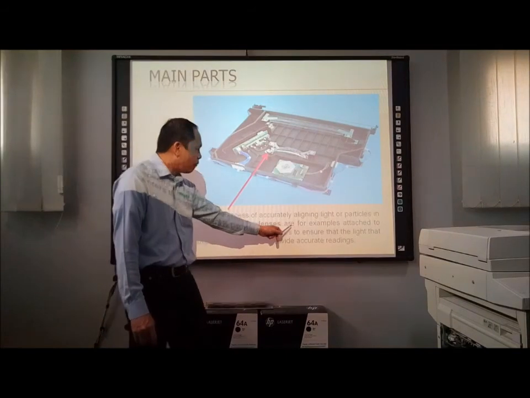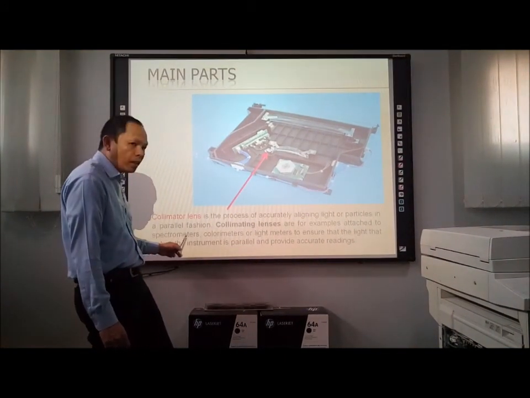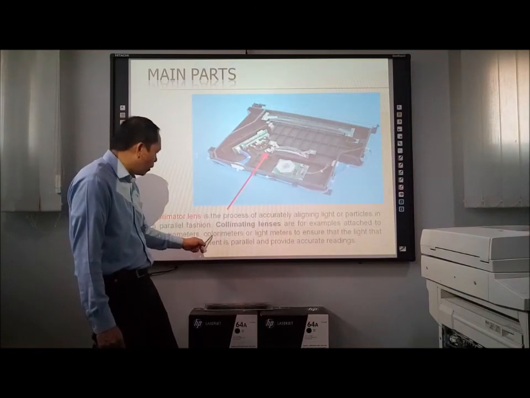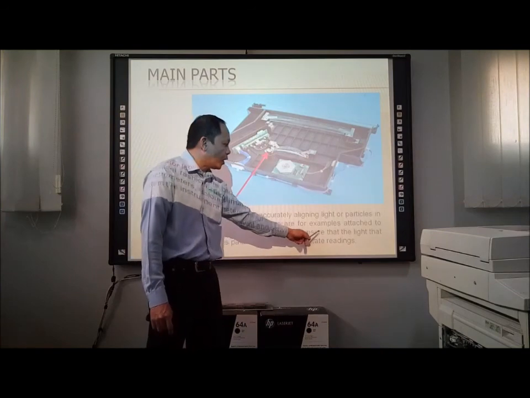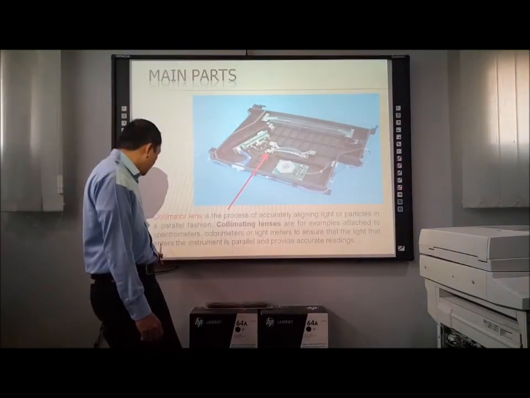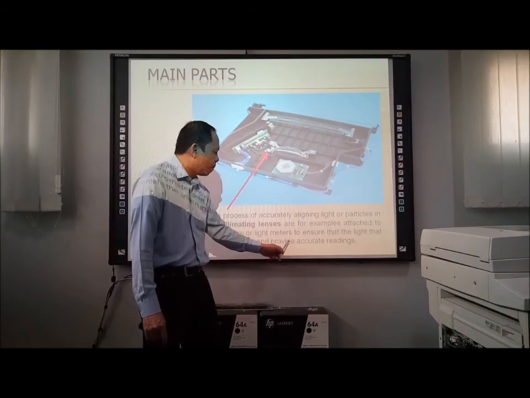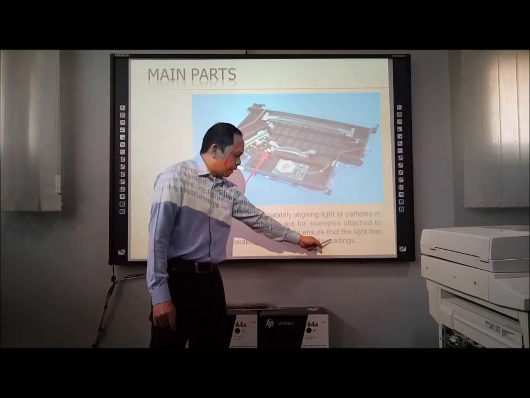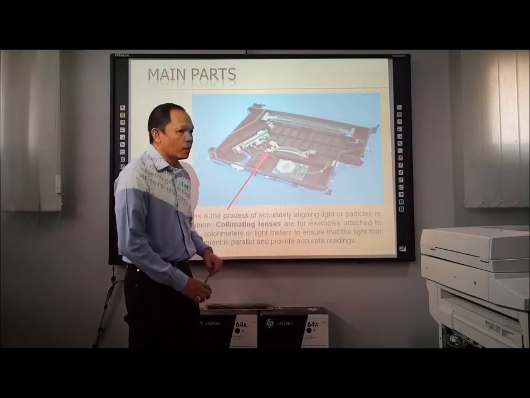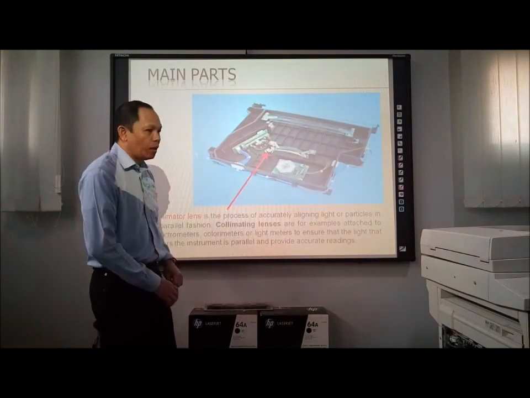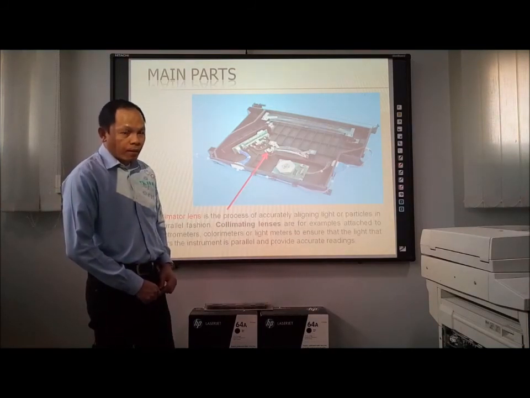Collimating lenses are, for example, attached to spectrometers, colorimeters, or light meters to ensure that the light that enters the instrument is parallel and provides accurate readings. So that is the function and the definition of the collimator lens.